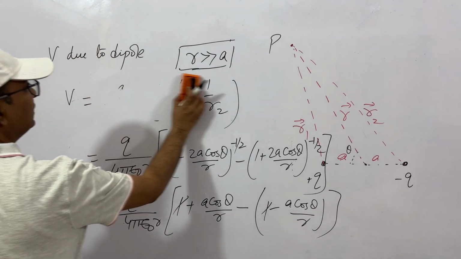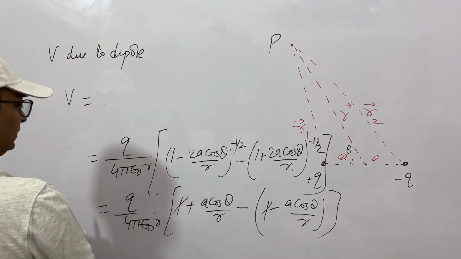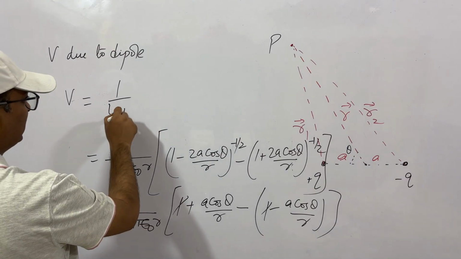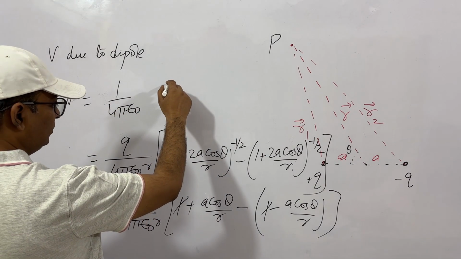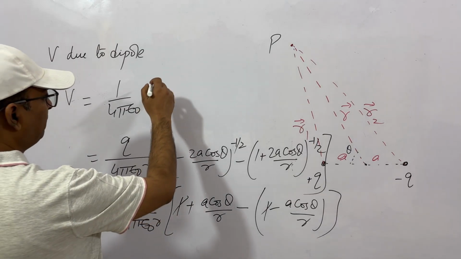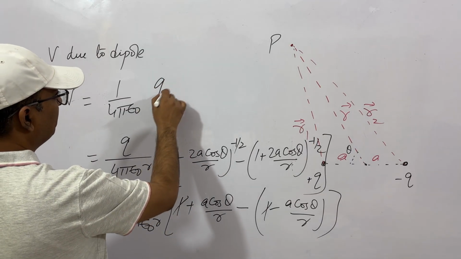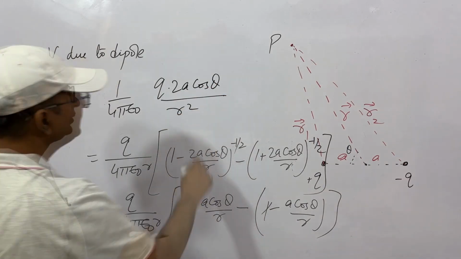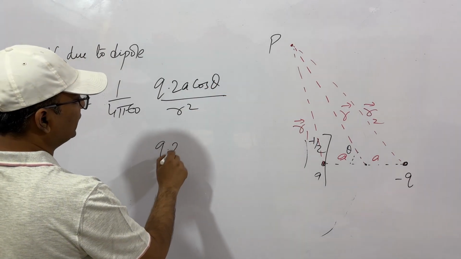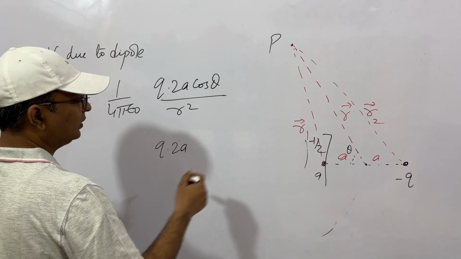So what we get? We get 1 by 4 pi epsilon 0, then what is q into 2A? Charge into the distance between the two.